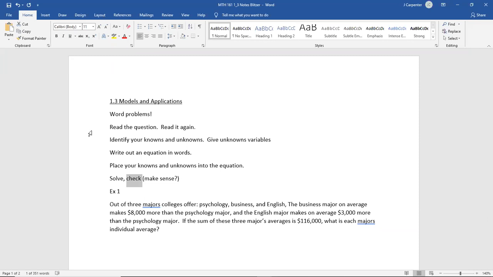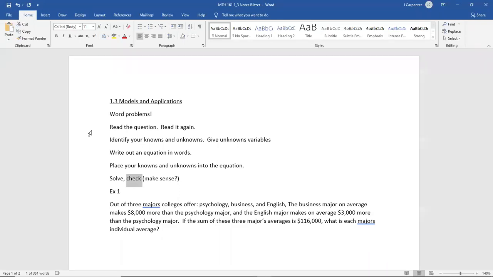Yes, there can be an element to that, especially if you're a little weaker on the algebra side of things. But with word problems, the checking is generally more of a, does this answer actually make sense? Does it relate to everything else? For instance, if we were doing a problem talking about the traveling speed of a car and we get an answer of 6,000 miles per hour, that wouldn't make sense because our problems are generally pretty real world context.